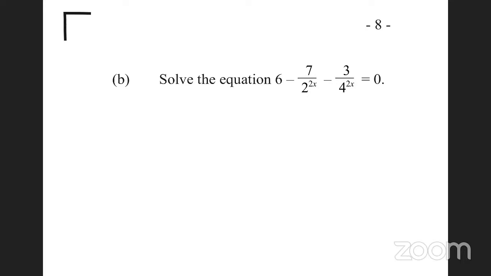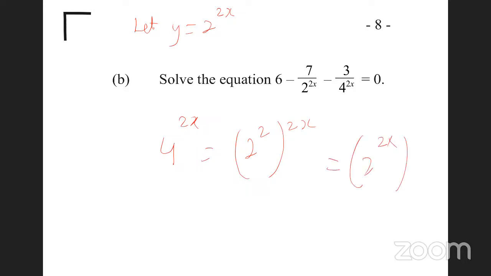Just to show you the substitution, you could let y equal to 2 to the 2x. Remember that 4 to the 2x is the same as 2 squared to 2x. Because it's multiplication, we can switch it around. These two things are the same, and remember, this is y.